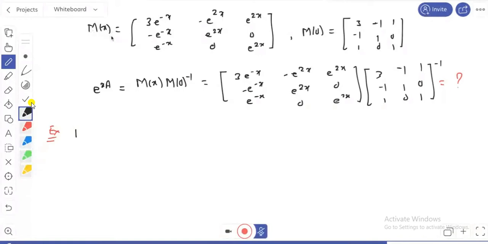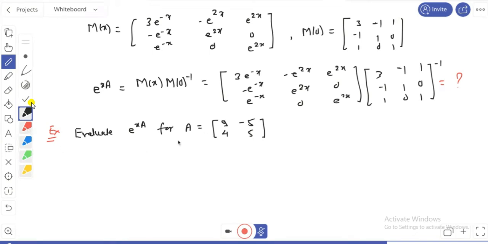So here we take a matrix of order 2 cross 2, because we have to find eigenvalues and eigenvectors.